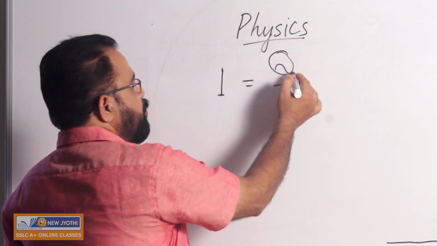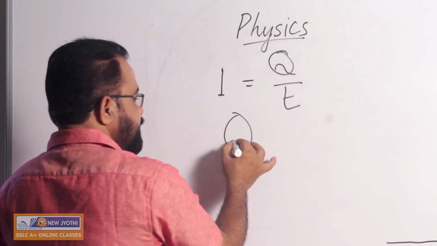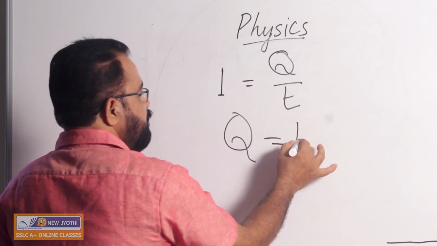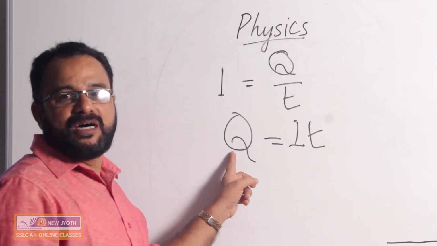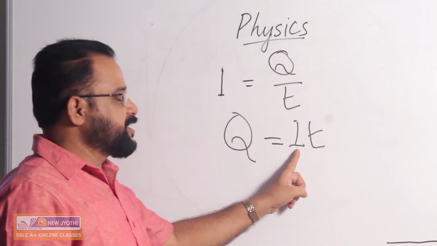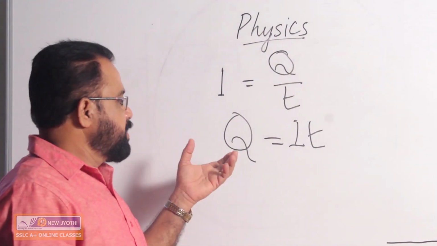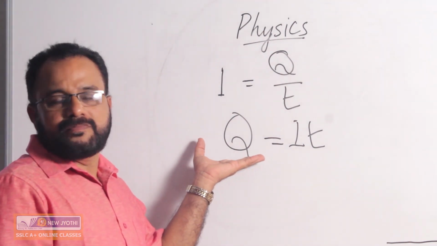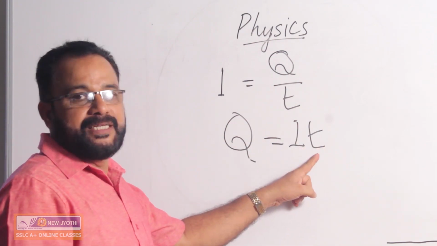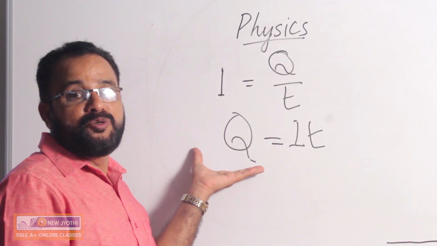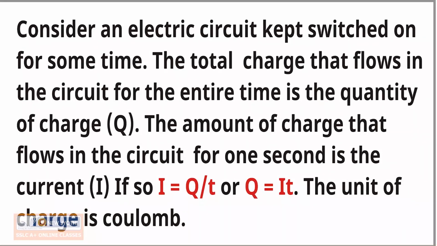So I is equal to Q by T. Again, from this equation, we can say that Q is equal to IT, where Q is the quantity of charge, I is the current and T is the time. Consider this electric charge is passing through this conductor for a time T. The total quantity of charge Q is equal to IT, where Q is measured in coulomb.